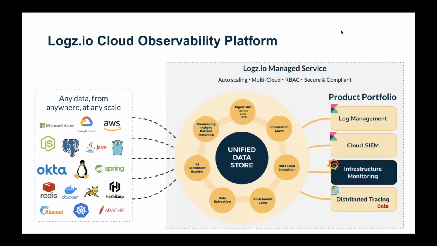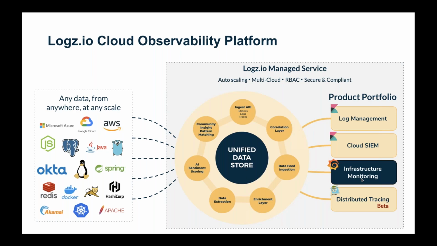So this slide is also from yesterday. It's a quick reminder of Logz.io cloud observability platform. Today we're going to focus on our infrastructure monitoring solution, also known as our metrics product, a hosted Grafana over Elasticsearch with our smart rollup mechanism that provides you a retention of 18 months.